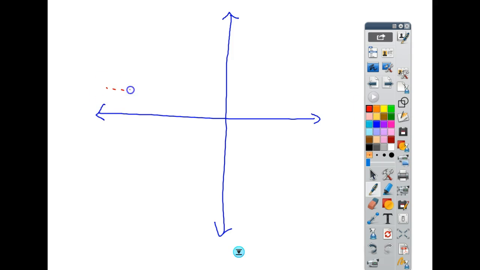Let's say we have an asymptote right here. So that means the graph isn't going to touch that red dotted line. So here comes the graph. This graph gets closer and closer and closer to this asymptote. They keep getting closer and closer forever and ever, but they never touch.